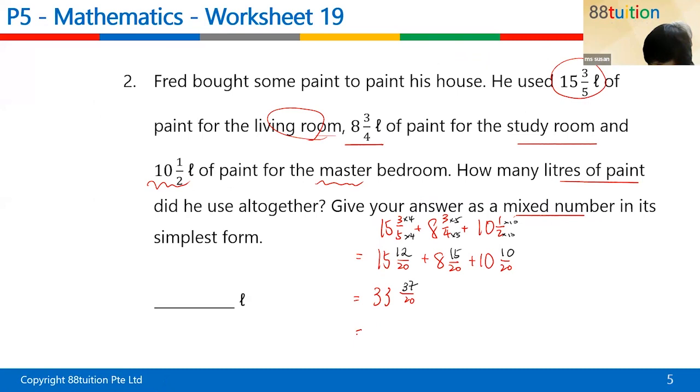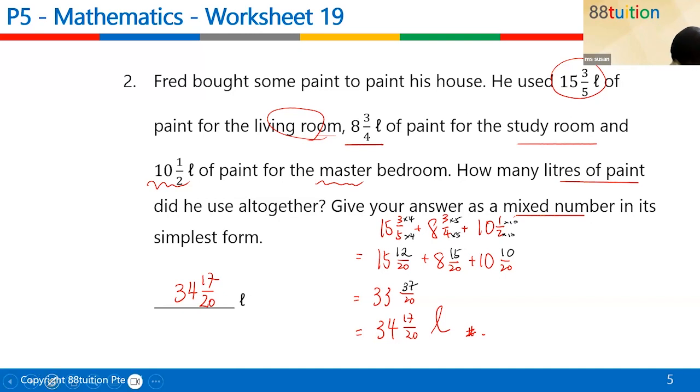So I'm going to regroup the whole number to 34 and minus 20, that gets down to 20 liters. So the answer is 34 and 17 out of 20. Okay, all right.